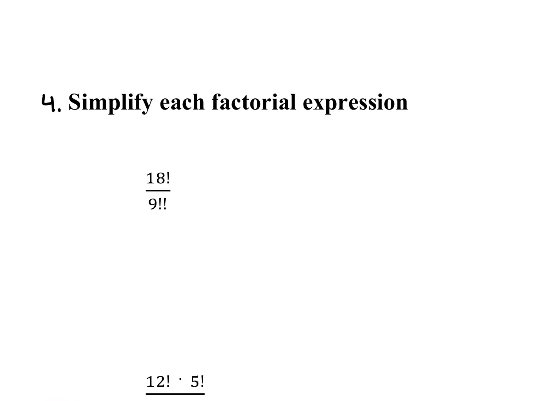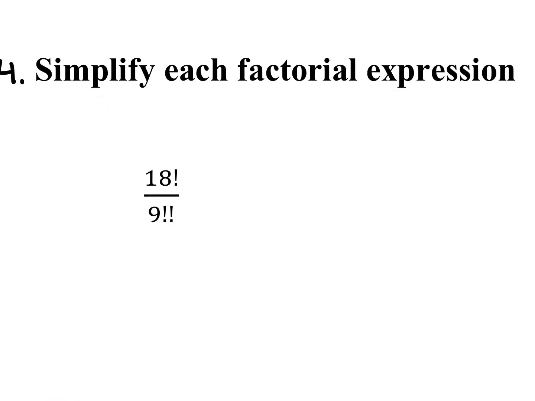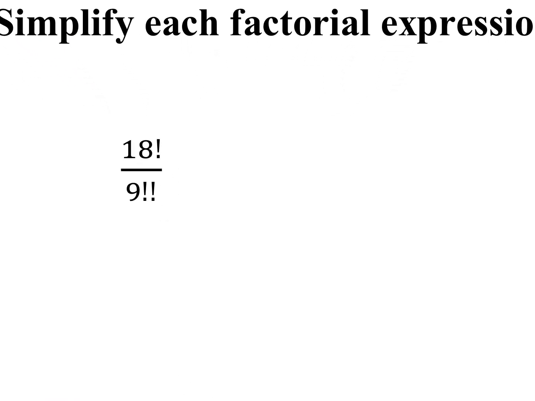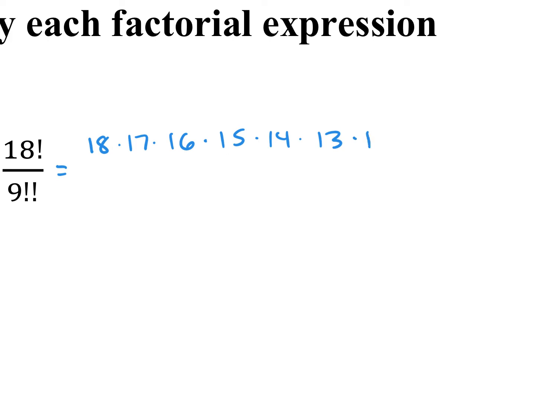Number 4, we're simplifying the factorial. So here, this would be 18 times 17 times 16 times 15 times 14 times 13 times 12 times 11 times 10 times 9 factorial.